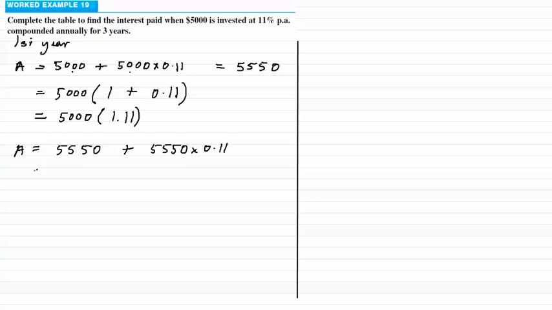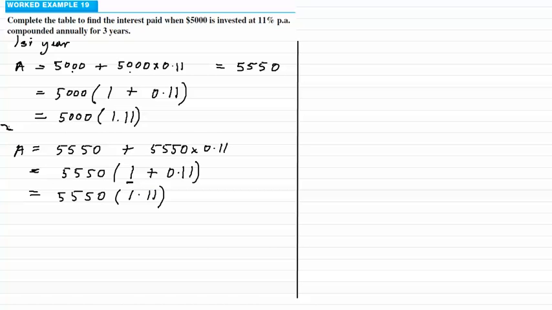Now I'm not going to bother working that out. What you can see there is you take the 5,550 outside again, so you got the whole amount at the start of the year. That's what the 1 represents. That represents 100%, and then the 11% increase is the 0.11. So you end up with this 5,550 times by 1.11. Now this is the bit. So that's the end of the second year.